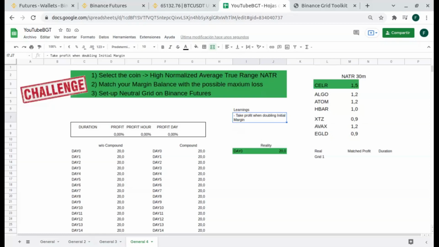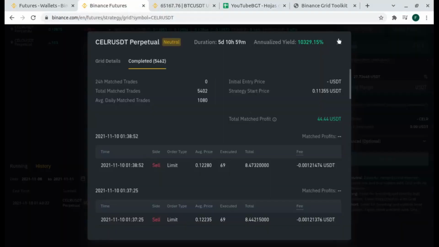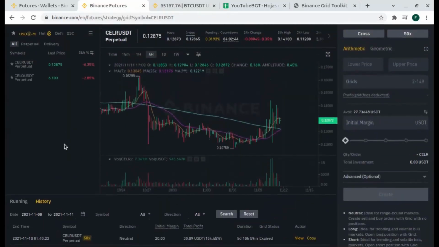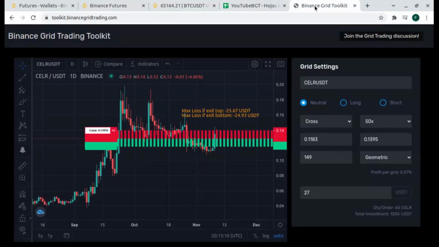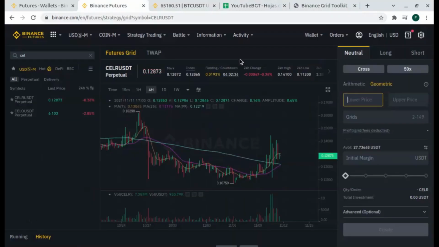And on day 0 we have the 27 USDT to start the grid. So again, we are going to open in the geometric mode with these settings. I'm going to copy and paste here.